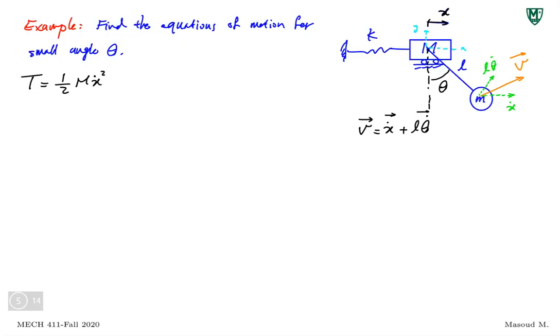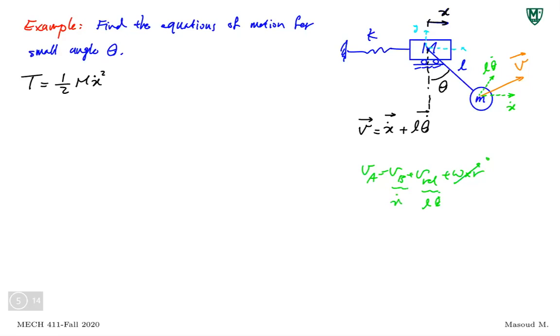If you remember, v was R omega, and this is the equation we had: V_A is equal to V_B plus V relative plus omega cross R. Now, if the system is attached to the cart, no omega there, V relative becomes L theta dot, and V_B is basically just x dot.